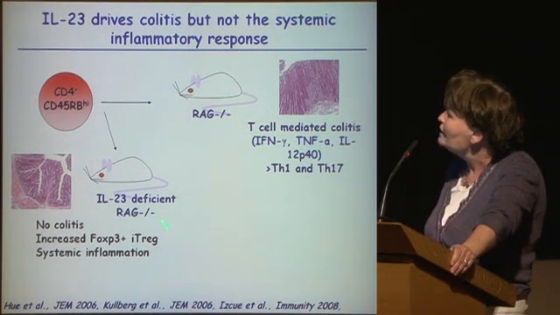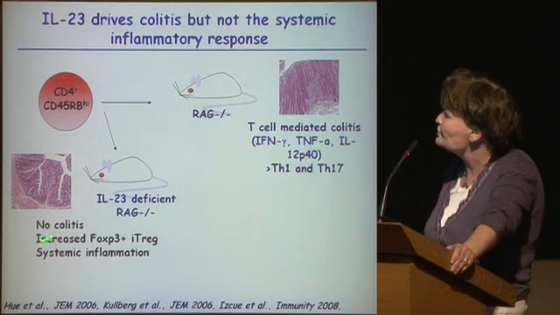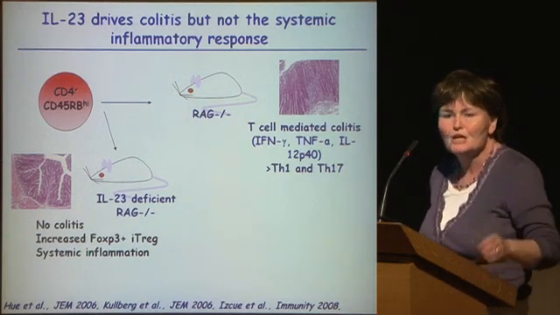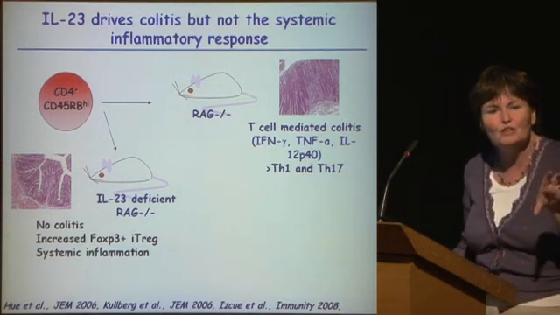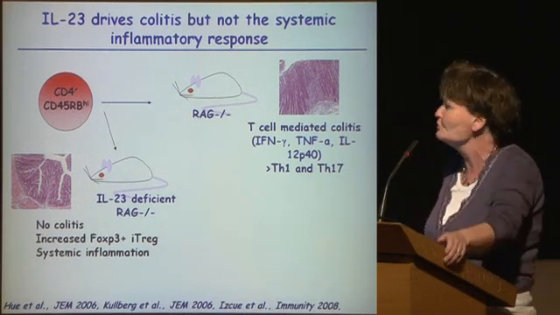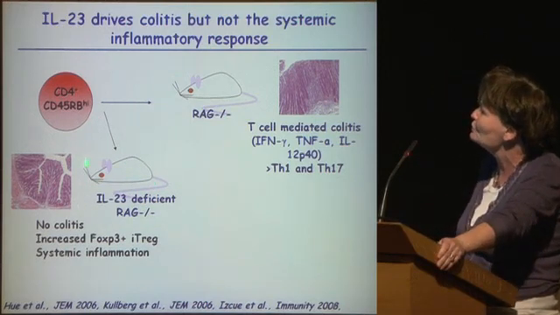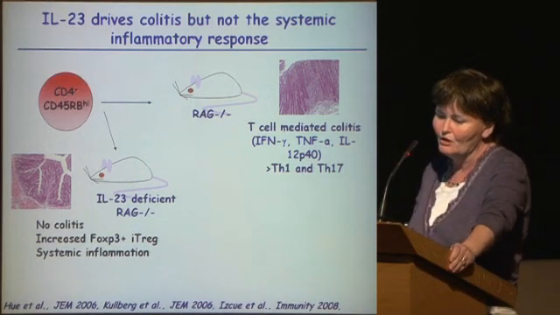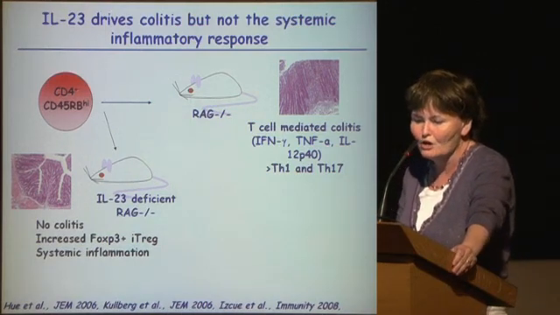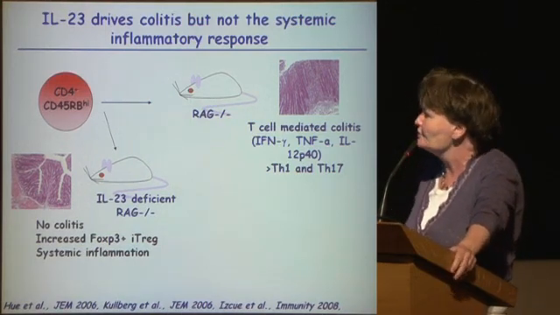But what was clear was that IL-23 was not required for the development of the systemic inflammatory response. So this was a compartmentalization of this immune pathological response, with IL-23 promoting mucosal inflammation and IL-12 being sufficient to drive the systemic signs of this disease.